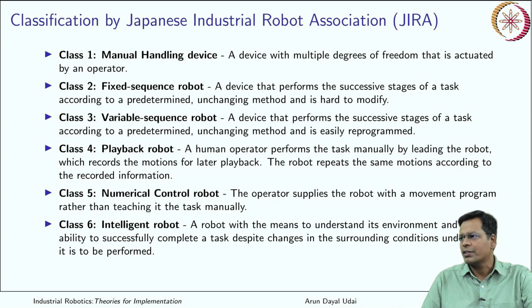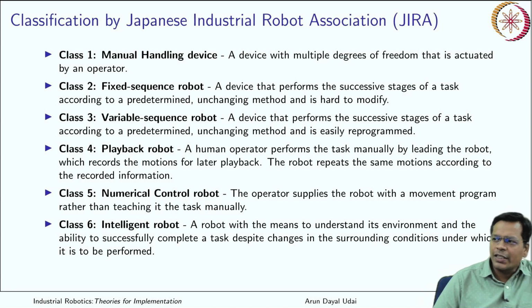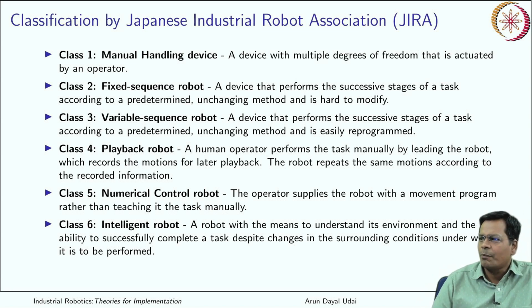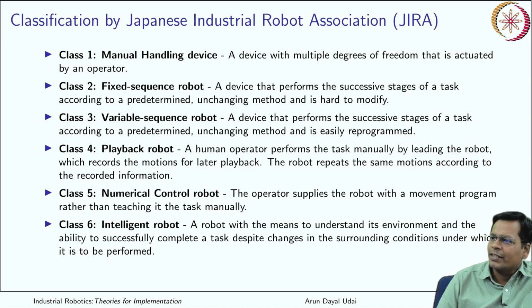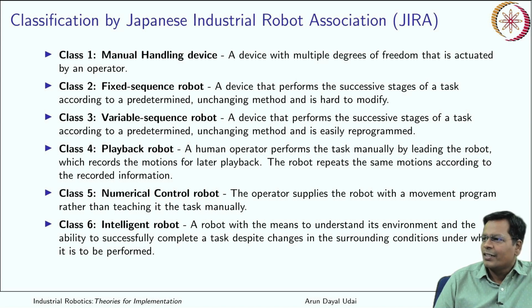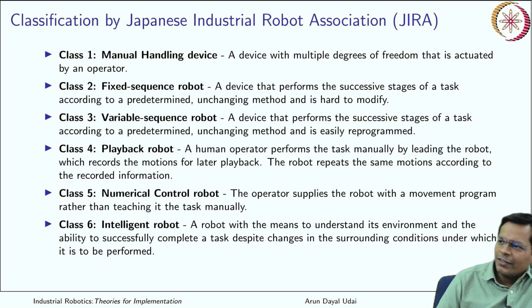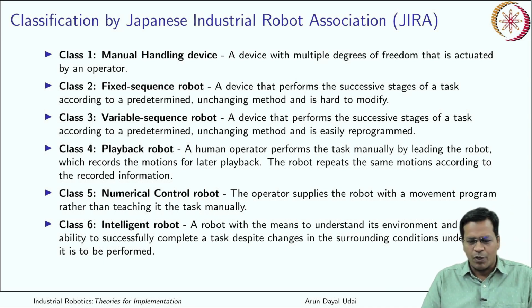And the sixth one is actually the most intelligent one. It is the most intelligent robot. This is the robot with the means to understand its environment and the ability to successfully complete a task despite changes in the surrounding conditions under which it is to be performed.